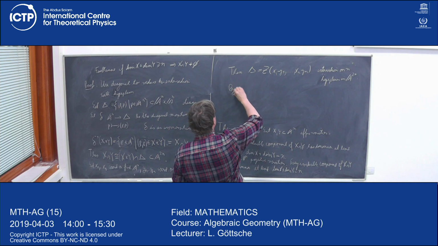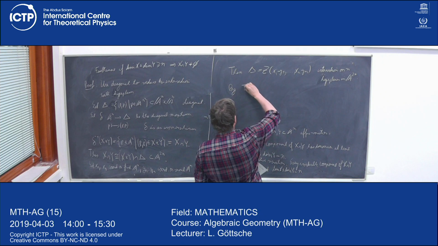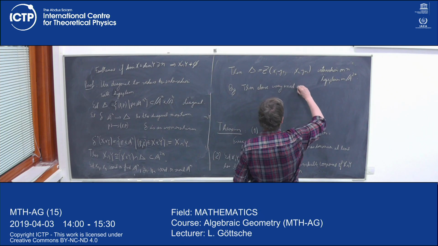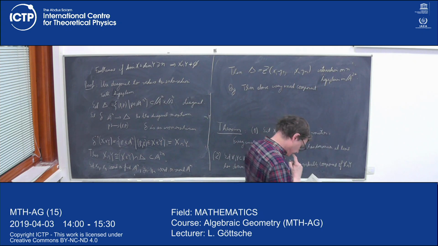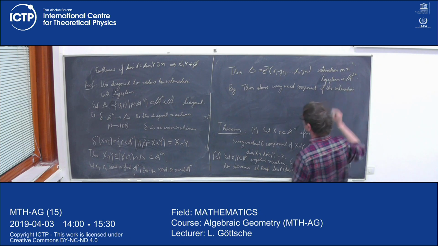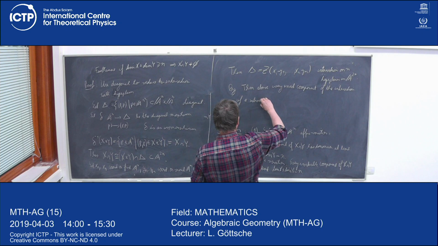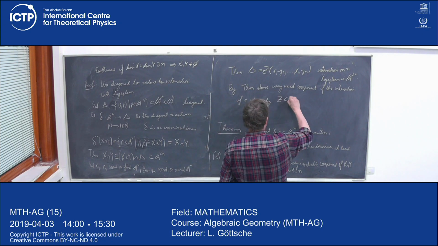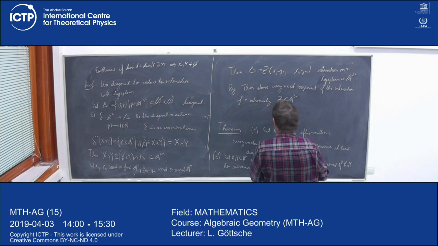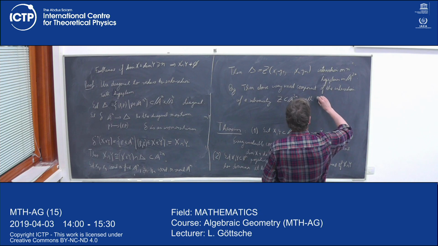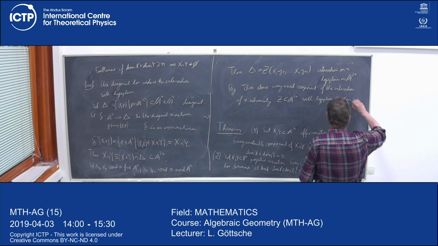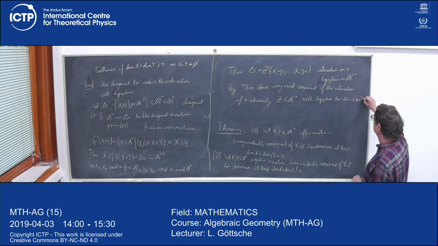So by the theorem we proved last time, every irreducible component of the intersection of a subvariety Z in A^2n, or whatever, with a hypersurface or a hyperplane, has dimension bigger or equal to the dimension of Z minus 1.